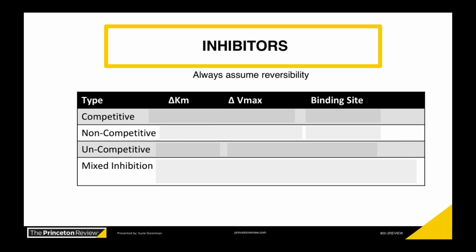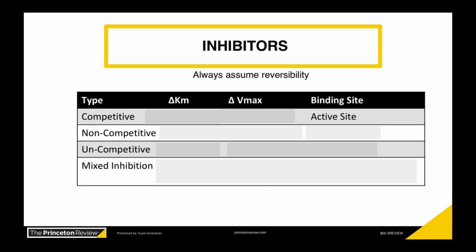So where does a competitive inhibitor bind? It binds to the active site, exactly. So it's going to bind to the same site as the substrate. So if 2 things are competing for the same site, for the question of Vmax, you want to ask yourself, if I am given an unlimited amount of substrate, am I going to be able to outcompete whatever it is that is competing for my active site?